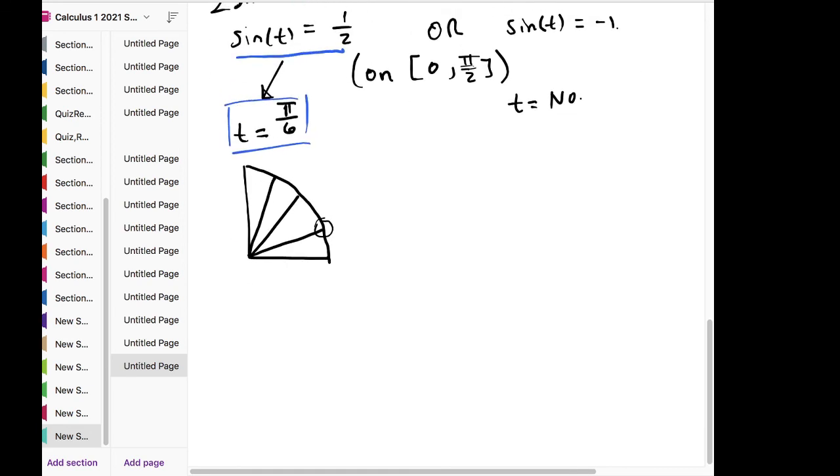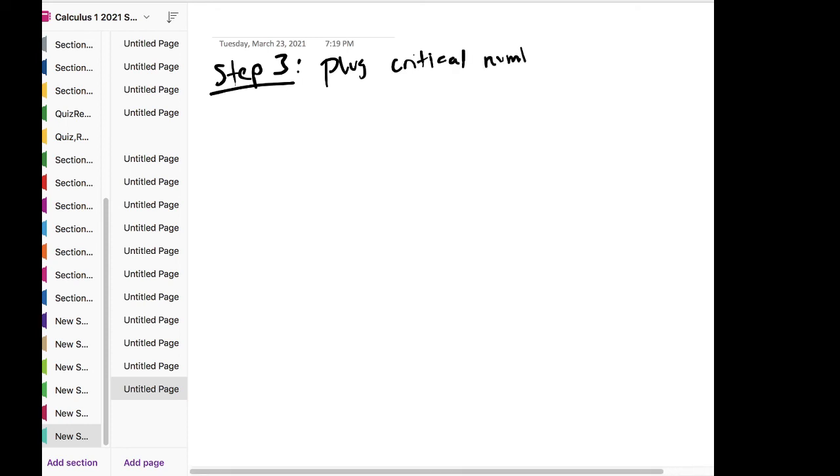Okay, so what's our last step? Yeah, so plug the critical number into the original.